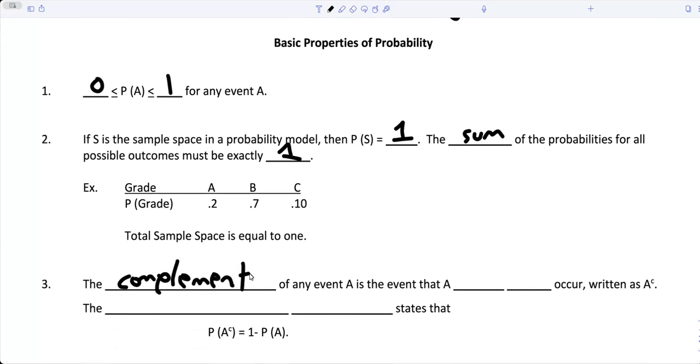Okay, and so then we have the complement. The complement of any event A is the event that A does not occur.